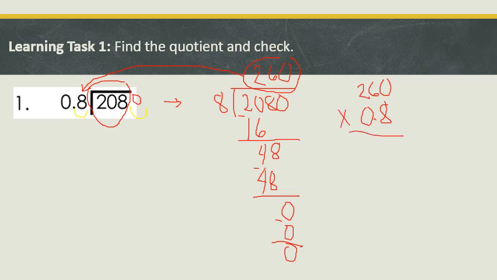Okay, 0 times 8 is 0. 6 times 8 is 48, so carry 4. 8 times 2 is 16, plus 4 is 20. Tapos, isang decimal place lang siya, so nandito ang ating decimal point. Kaya 208 talaga yung answer. Ibig sabihin, ang 260 natin is tama.